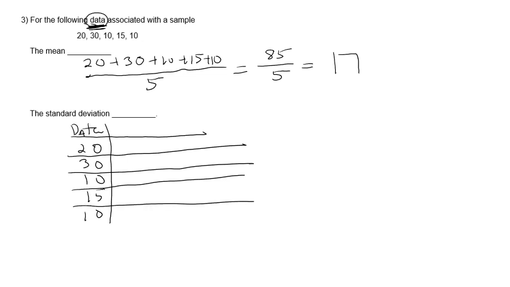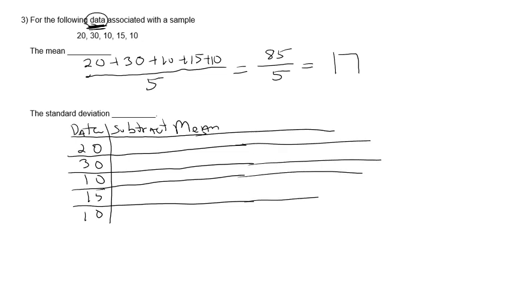Then I'm going to subtract the mean. So 20 minus 17, 3. 30 minus 17, 13. 10 minus 17, minus 7. 15 minus 17, minus 2. 10 minus 17, minus 7.